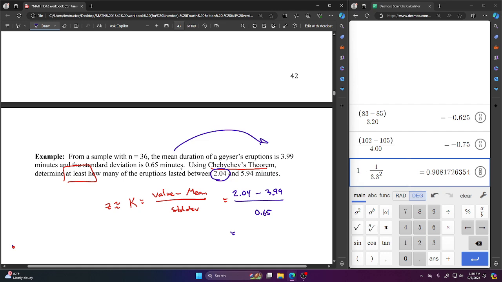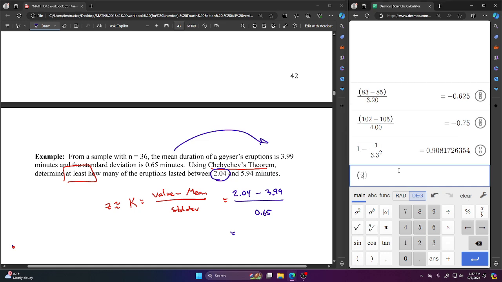I know we have the 36, but is 36 the same kind of thing as 0.65 and 3.99? It's a totally different thing they're talking about. Does 2.04 and 5.94 relate to the same numbers? See what I'm saying? So we're looking for the same kind of numbers, and we're mushing them together. If you're confused about where it goes, it's that other thing that goes there, okay? These are always preset for you.